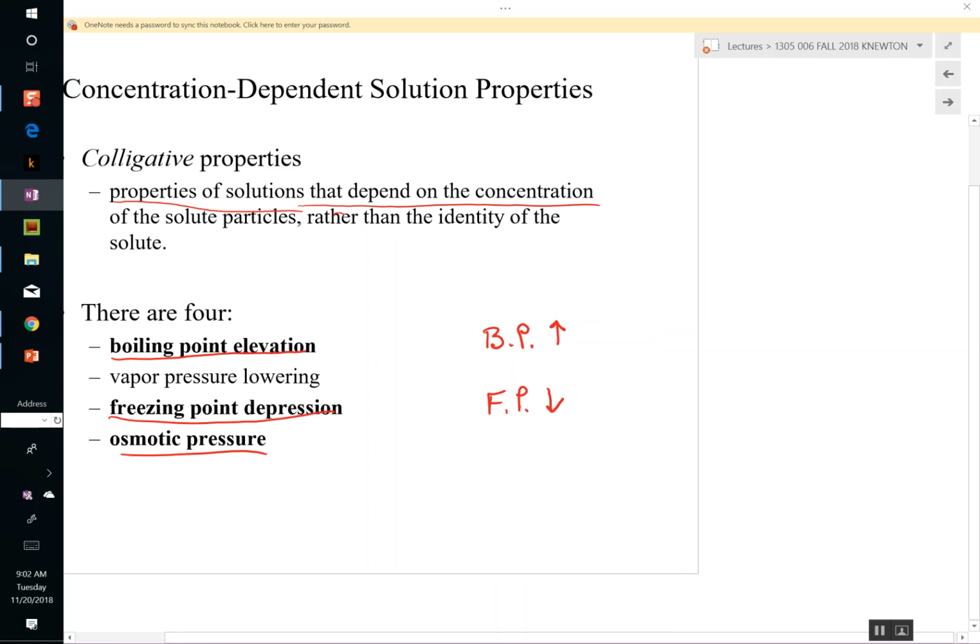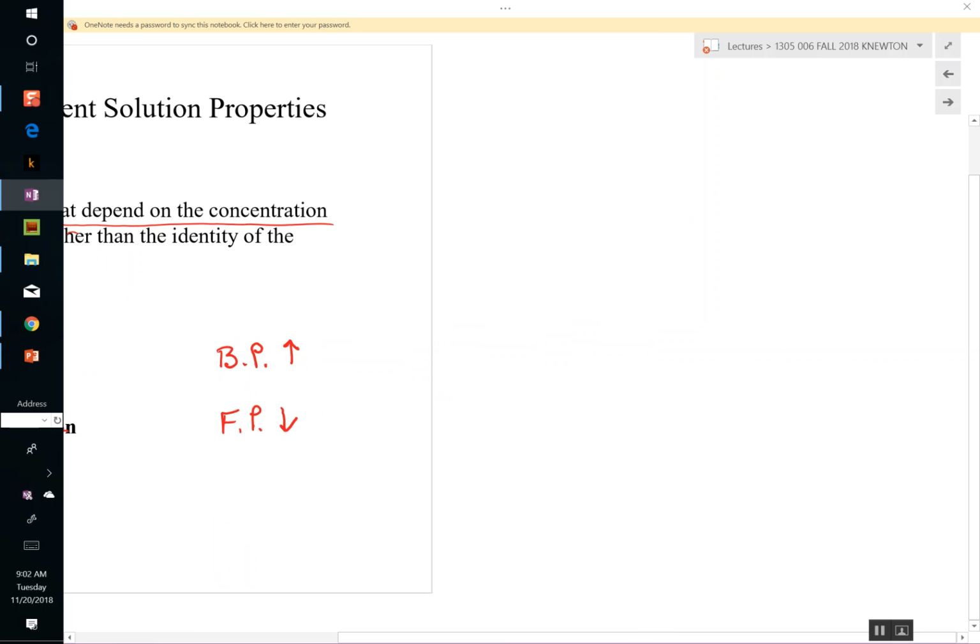Don't worry about that middle one, vapor pressure lowering. But these are the three I want to talk about. So let's take water, and we know that water boils at 100 degrees centigrade. There's its boiling point. Its freezing point, 0 degrees centigrade. This is pure water, distilled water, nothing in it.